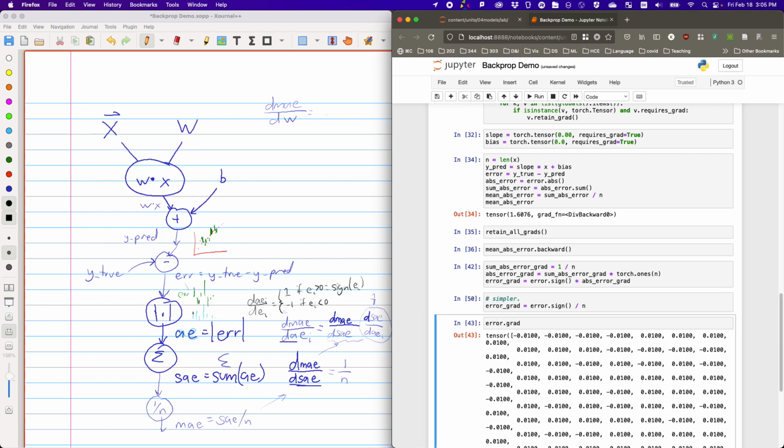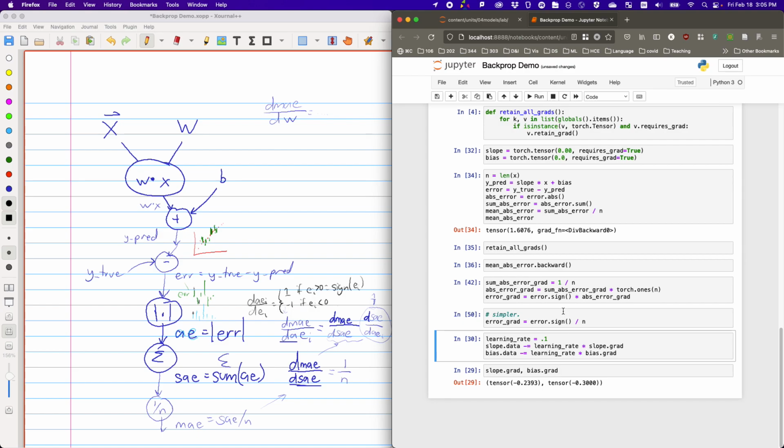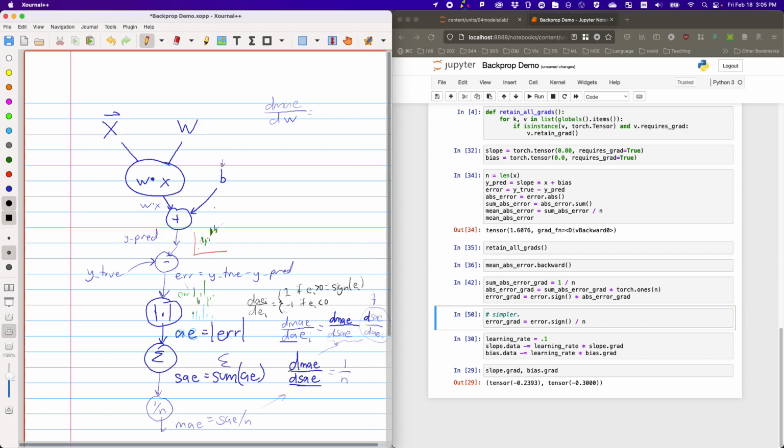Okay. So now that we've got our error grad, we can just keep back propagating all the way back through to our bias and weights, and we'll get what we want.